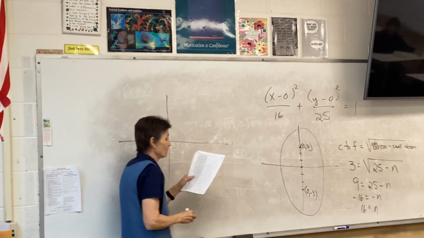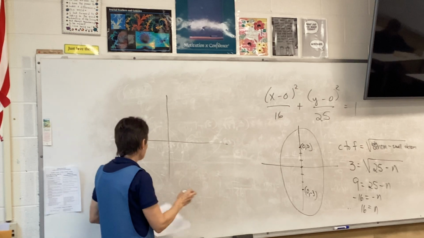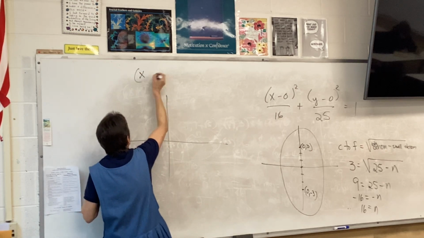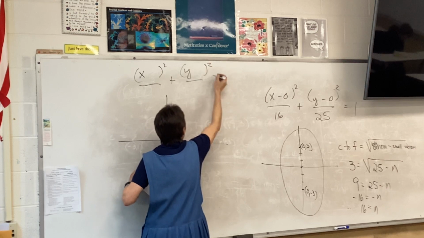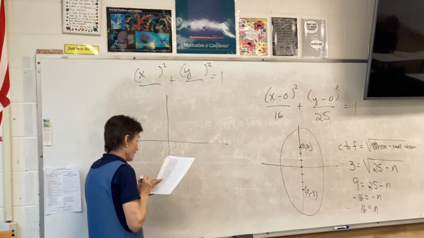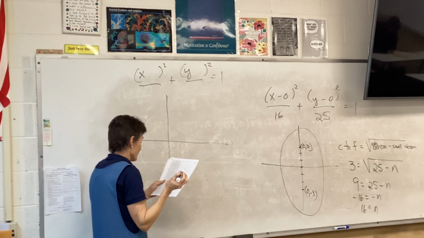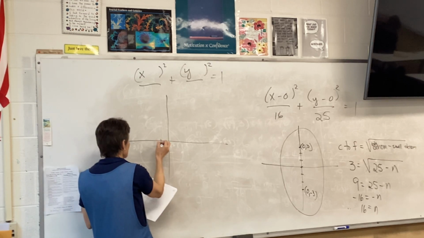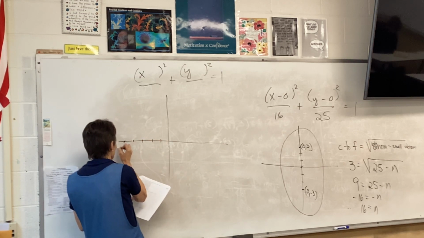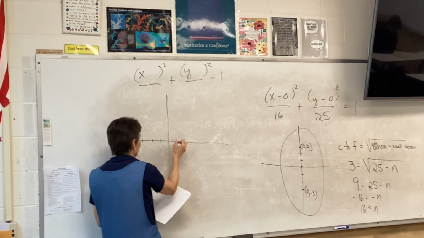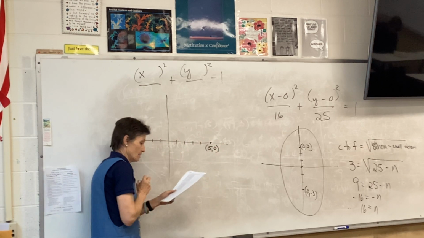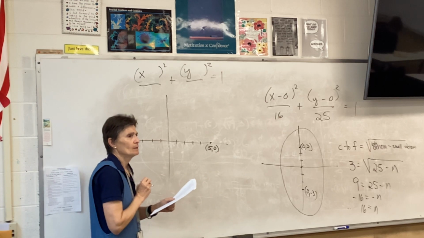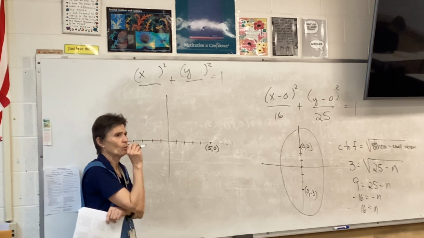All right, 2 more problems, here we go. I'm writing an equation. All I know is that my major endpoints are at -5, 0, and 5, 0. Wait, what does that tell me about my equation?